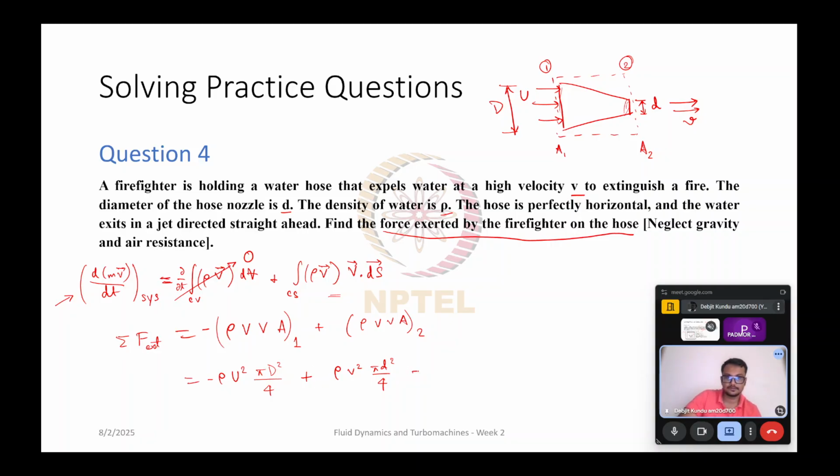This difference, which can be written in a bit better way like this, we call this v squared small d squared minus u squared capital D squared. And this is equal to the external force applied on it. The only external force applied on this is by the firefighter. So that's the force which we're looking for, and this should be the answer.